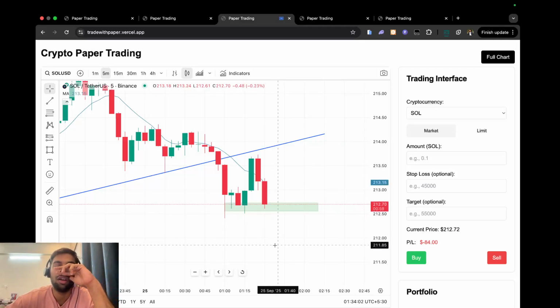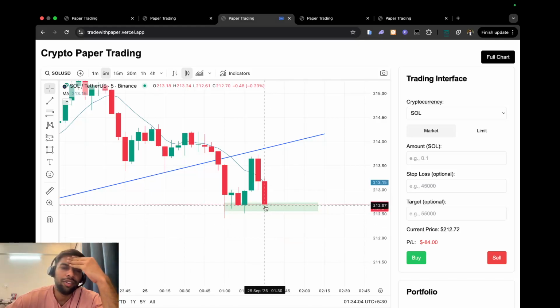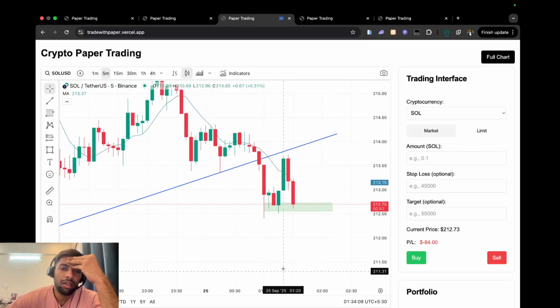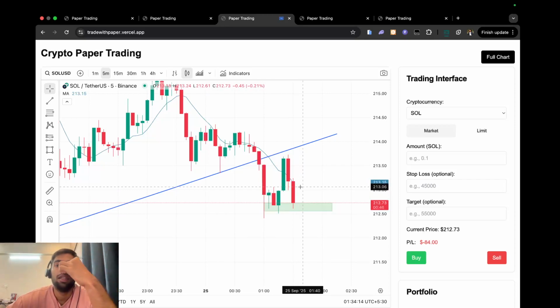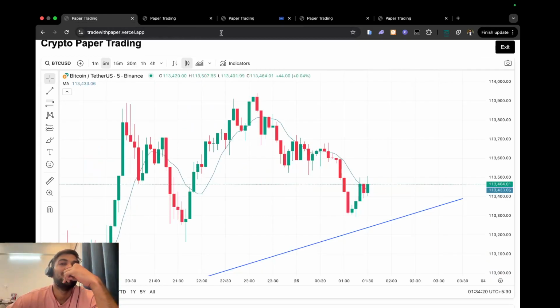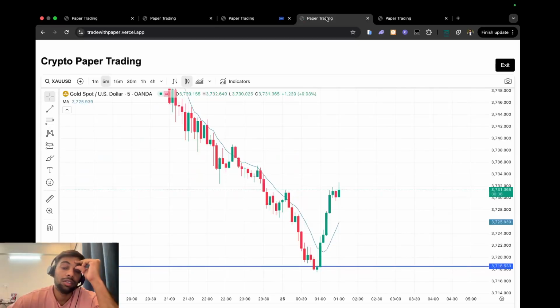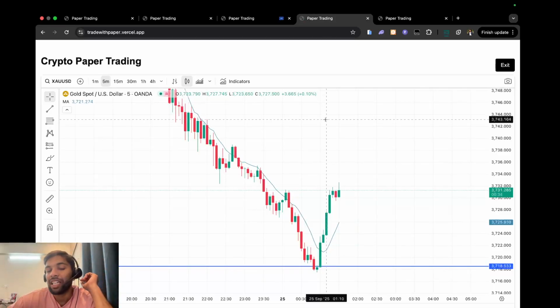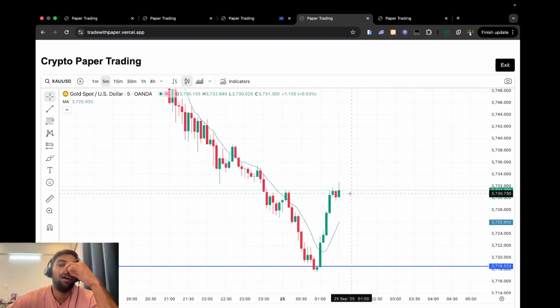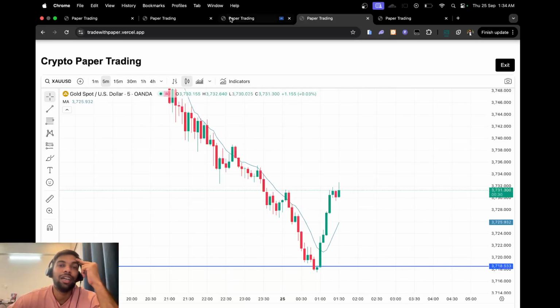We will take a trade on the downside if it closes on the downside, because our earlier opinion was that the market will move in a downward direction, but for some reason there is a pullback. And let's see. There's no trade in Bitcoin, so Solana and gold. Gold gave us a trap, but okay, that's fine.